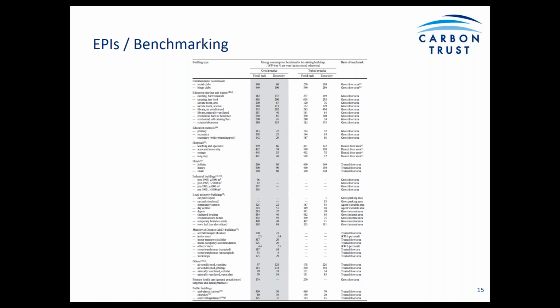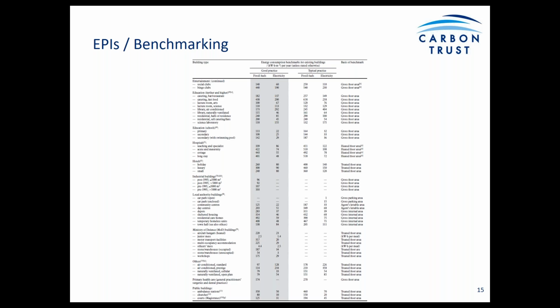For some common building types, so for example, offices, this guide actually goes a bit further, so it provides a breakdown of the electricity consumption benchmarks by source. So, for example, within an office building, you have three different types of office building, and then within each of those types, they actually break down the energy using systems.